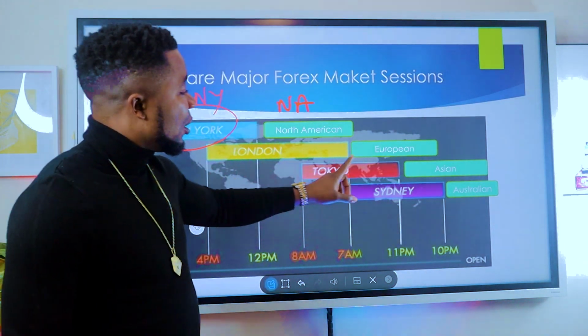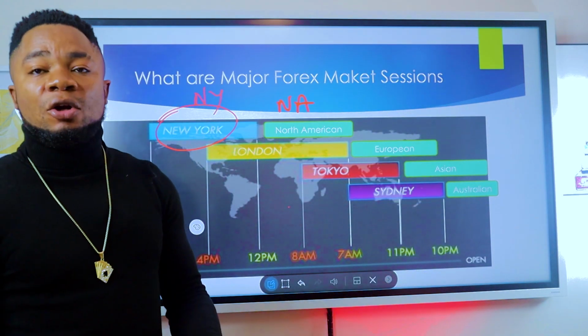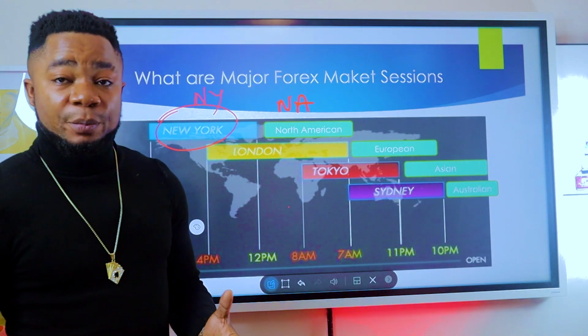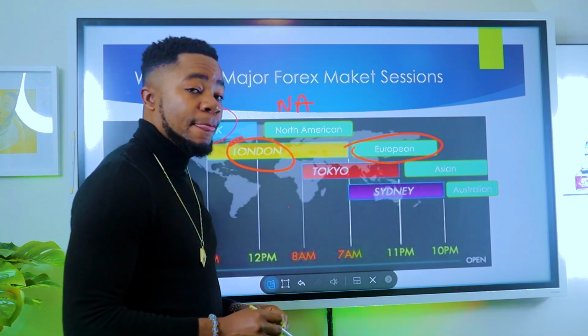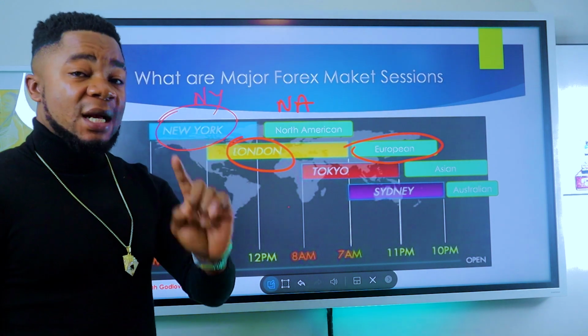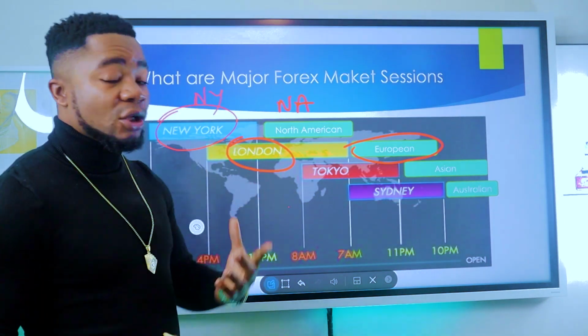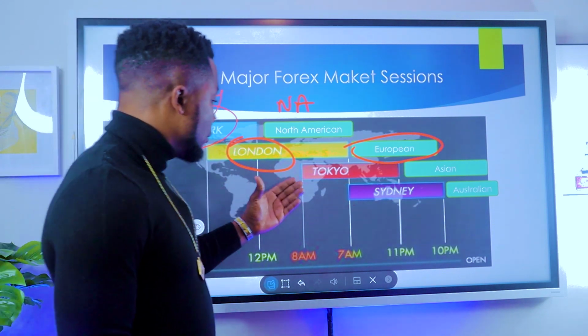After that, we have the London session or the European session. You can either call it the London session or the European session. So I just want to explain to you guys the 4 major forex market sessions. The first one is the New York or the North American session. The second one is the London or the European session.